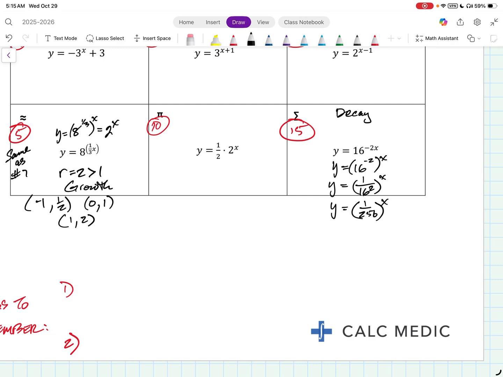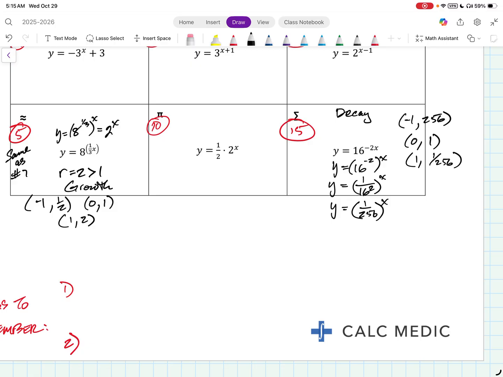Now we need some ordered pairs. So -1, comma something. You put -1 in there, it's going to reciprocate to get 256. Holy cow. And then you put 0 in there, you get 1, and you put 1 in there, you get 1 over 256 to the first power, so 1/256.